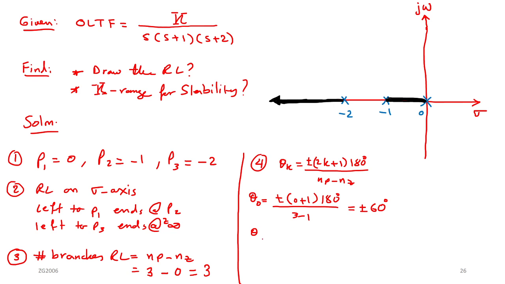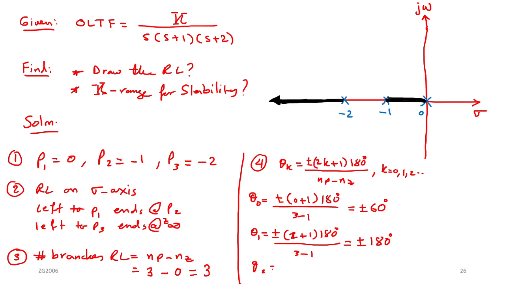For theta 1, where small k is an integer, 0, 1, 2, and so on, theta 1 will be plus or minus 2 times 1, sorry, plus 1 times 180 degrees over 3 minus 1, plus or minus 180 degrees.